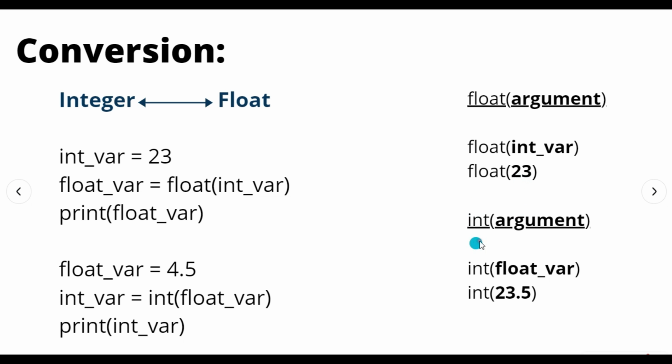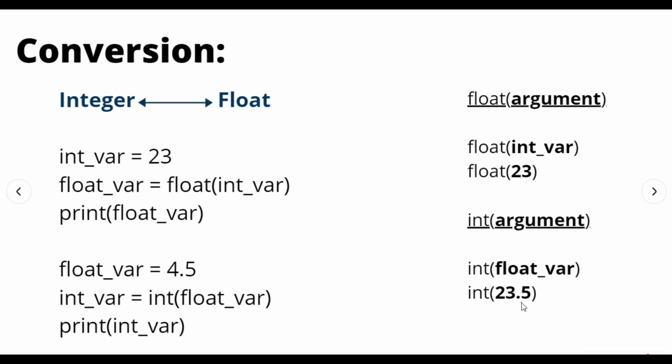The second function is the int function, which will help you to convert any float number into an integer number. Okay, so as an argument you can pass a variable name into it, or you can directly put the value of a float number.